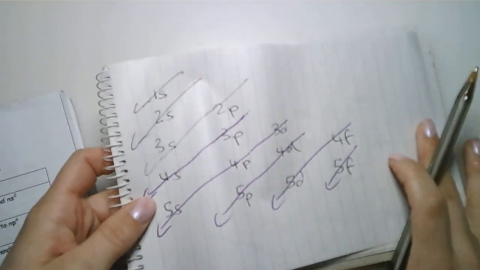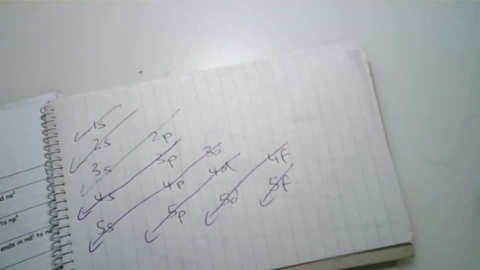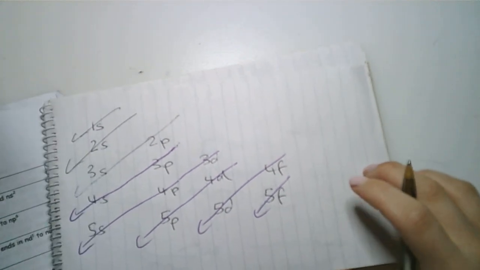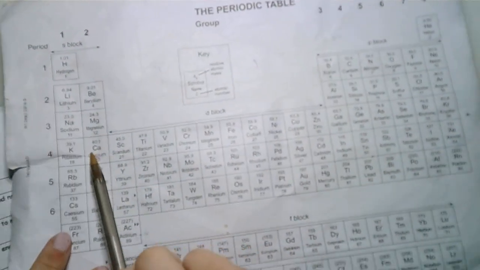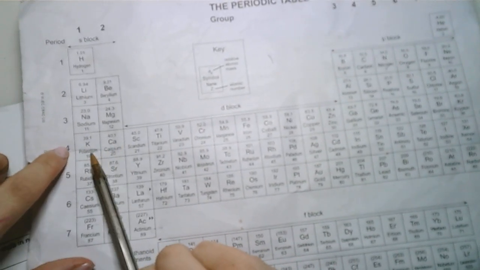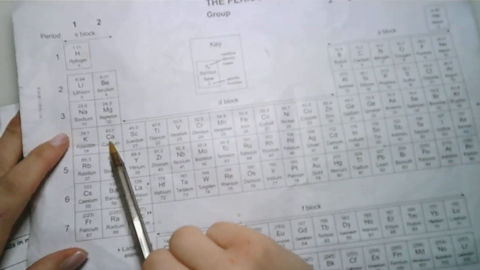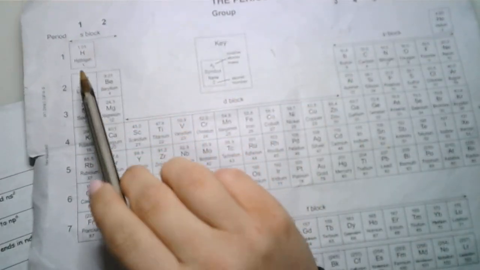You also need to know how to write the shorthand electronic configuration, where, say you're doing the shorthand configuration of calcium. Calcium is here. It is in period 4 of the periodic table, so it would end in 4s2, but with shorthand, you don't write every single one.